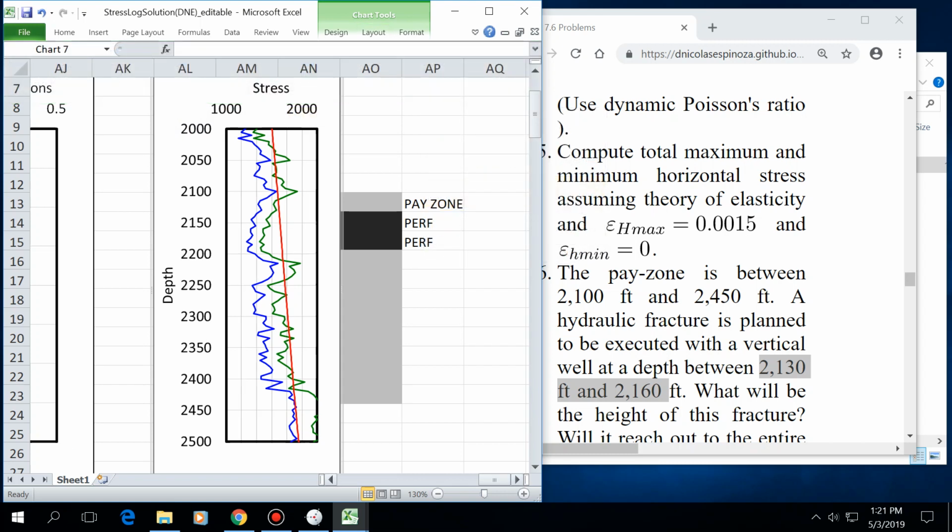Okay. So, let me change the question. What should be the net pressure in the fracture, the minimum, in order to go over these high stress values? The lines are spaced every 200 psi.